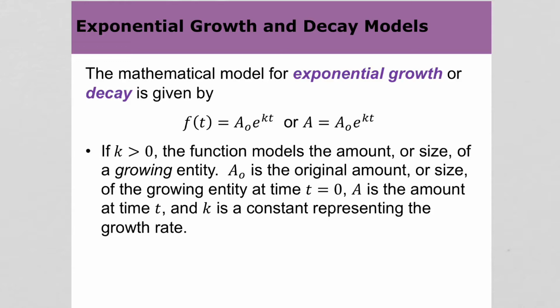Now, A naught is your original amount, the amount you started with. T is time, of course, and K is called the growth constant. It is a number, and we'll look at how we find that here shortly.